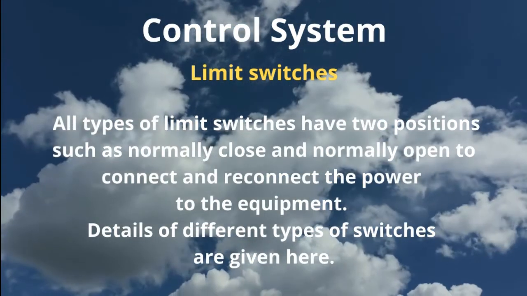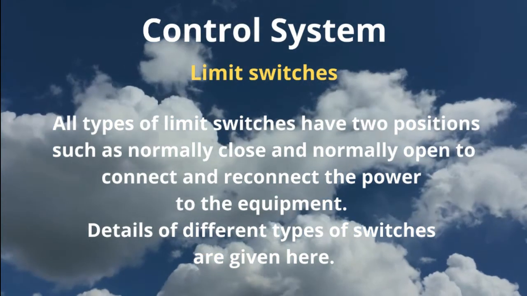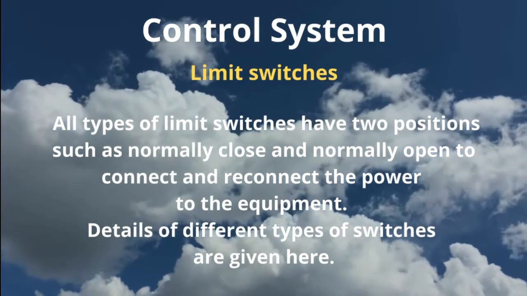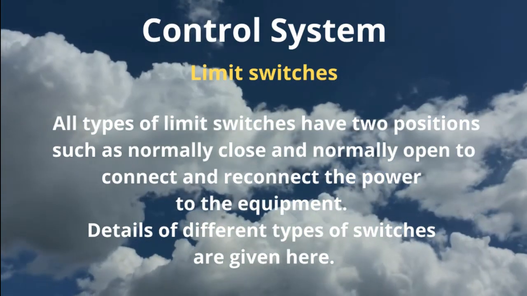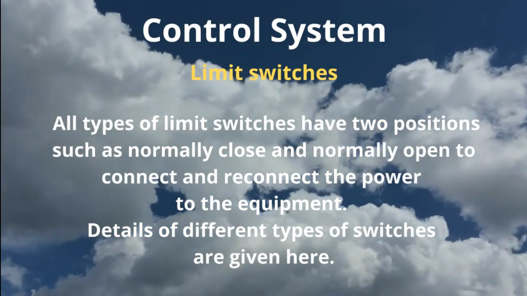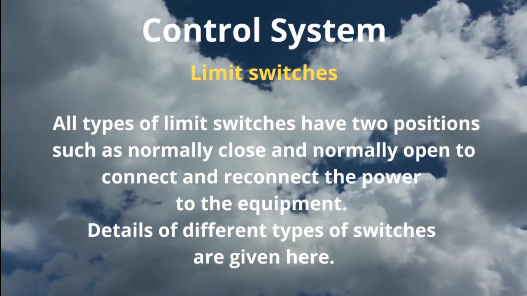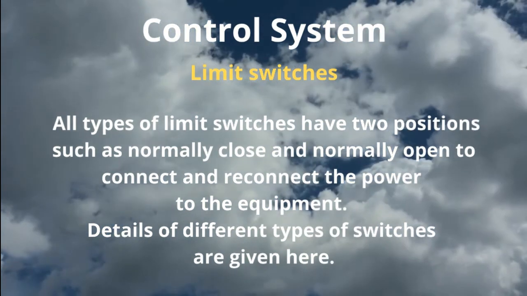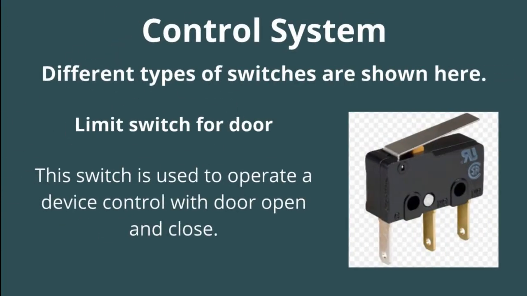All types of limit switches have two positions, normally closed and normally open, to connect and disconnect the power to the equipment. Details of different types of switches are given here. Limit switch for door.